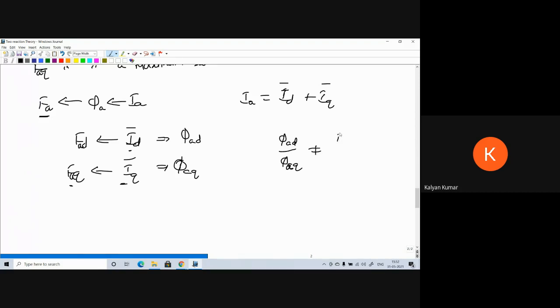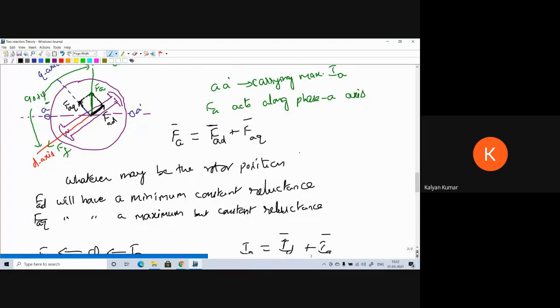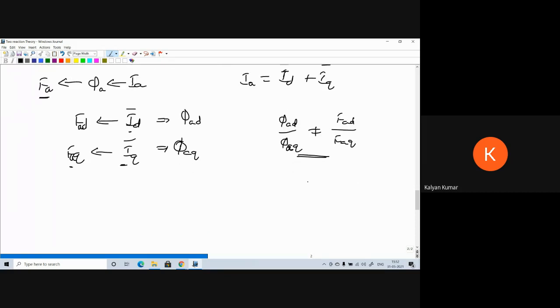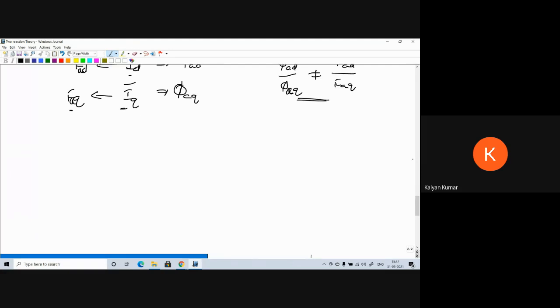It is never equal to FAD by FAQ. The reluctance offered along the direct axis and quadrature axis is not going to be the same. That means the air gap reluctance along the direct axis and quadrature axis is not going to be the same. Therefore, the corresponding flux and MMF ratio is not going to be the same. So the flux vector and MMF vectors are going to be displaced by a certain angle.